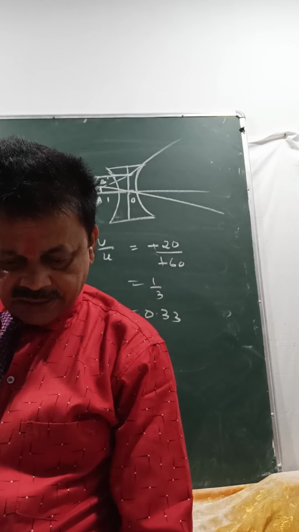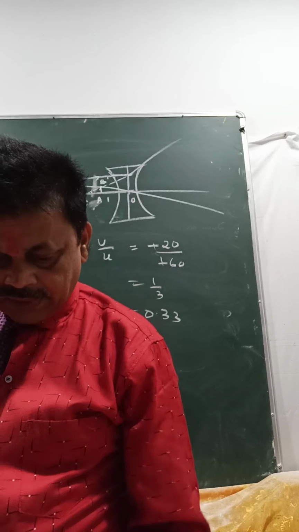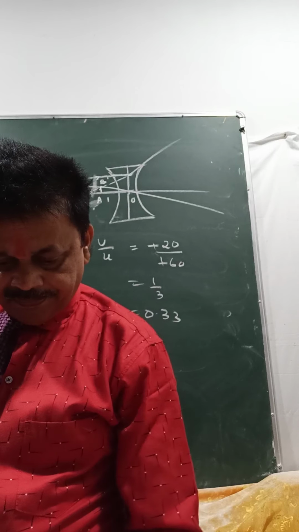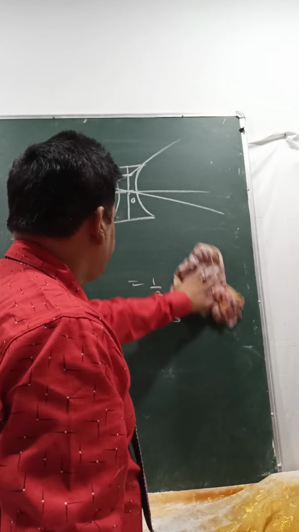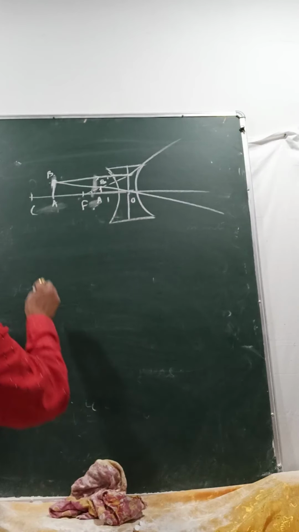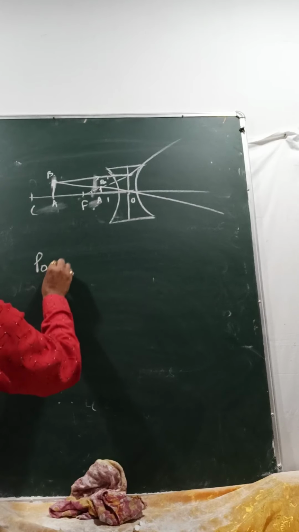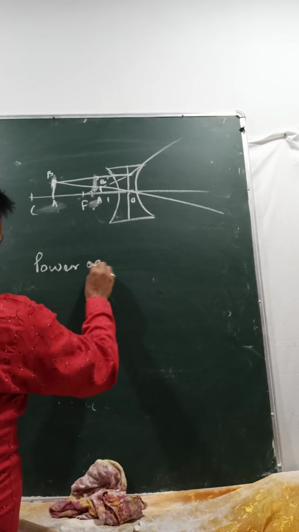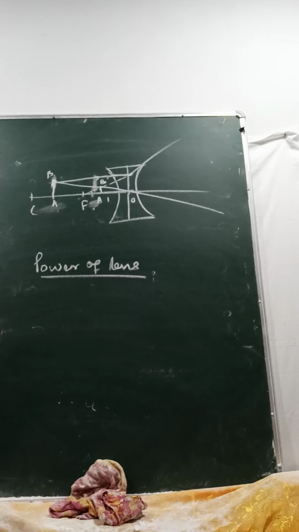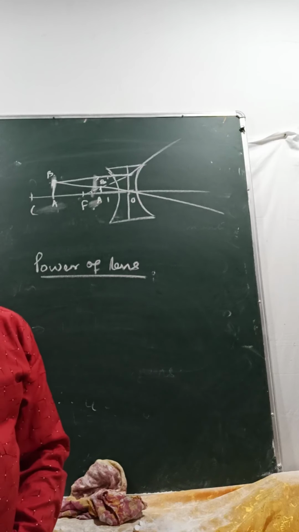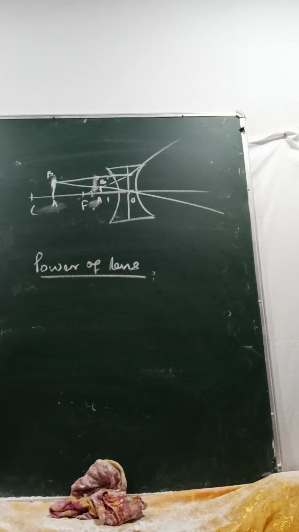Okay, first I'll teach you a little about power. Then we will go to define power of lens. Power of lens we define as the reciprocal of the focal length.